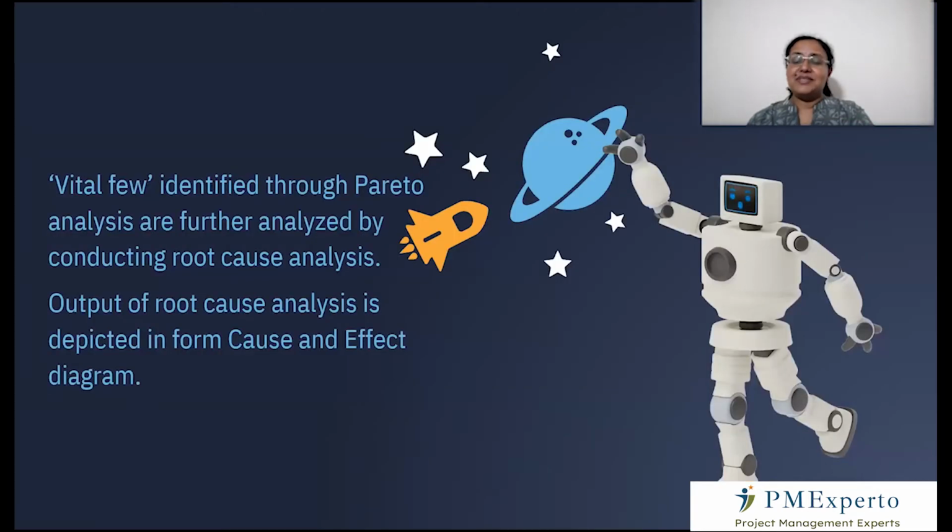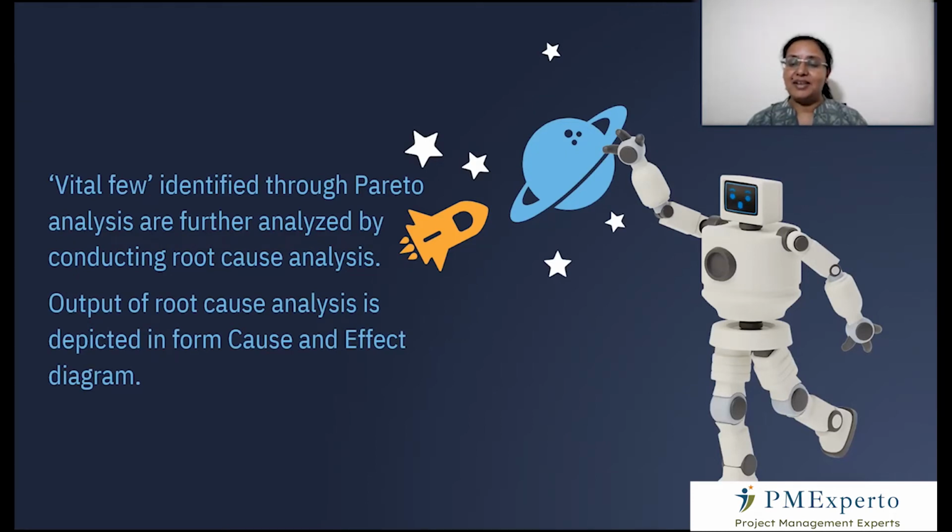Once this step is carried out, the Pareto chart will help us understand which categories are contributing to the maximum number of defects. Once we know these vital few, our focus should be on why these defects occurred, why these categories of defects are surfacing in a process.